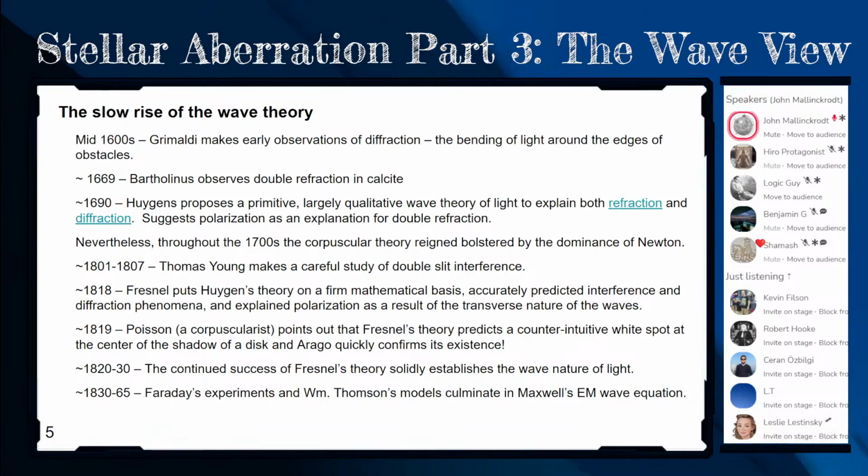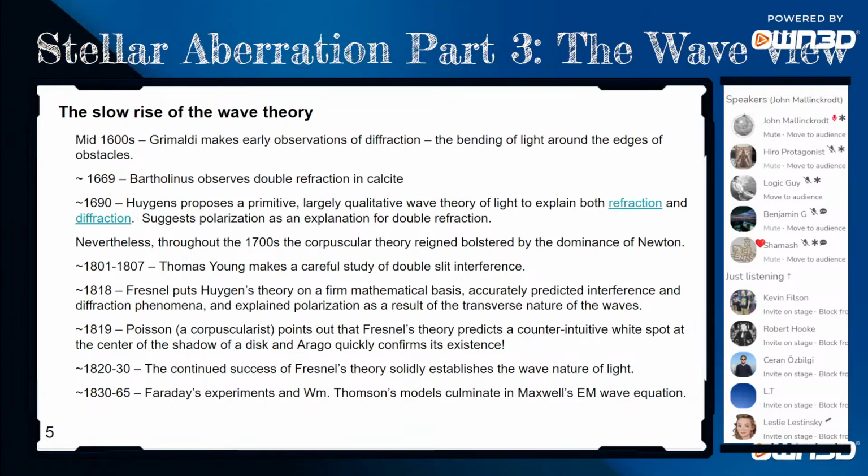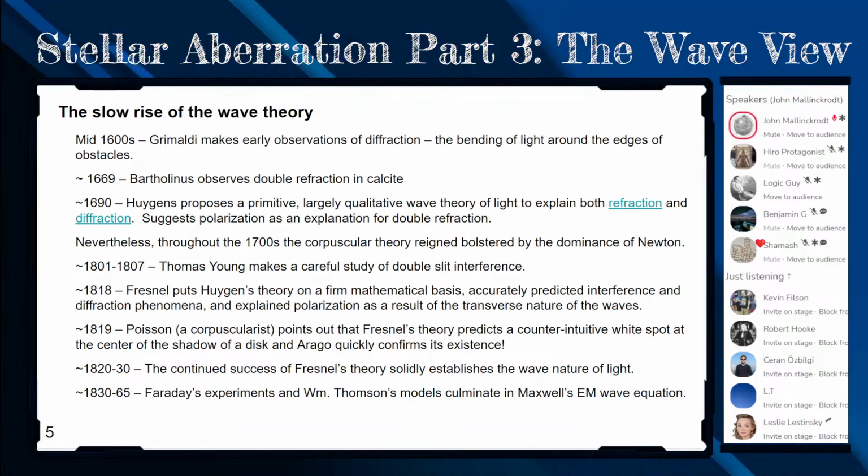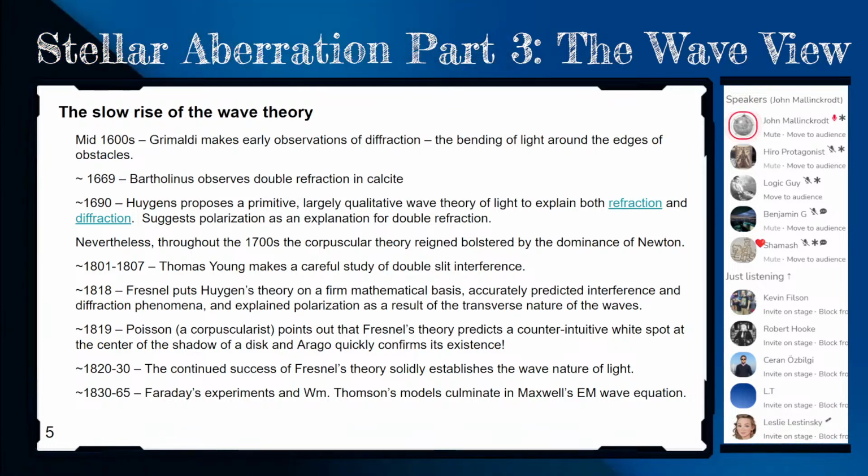And then a bit later, Bartholinus was the first to observe so-called double refraction in calcite, which ultimately would be explained in terms of polarization effects, but was also, once again, a hard thing to explain in terms of particles. So those were early things.